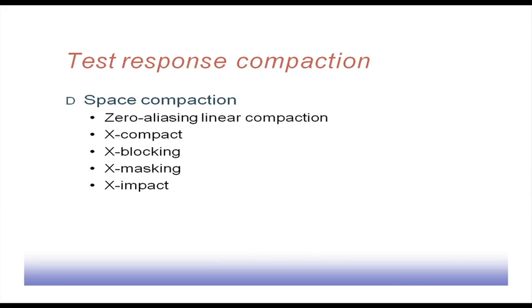Now, space compaction. The first one is zero aliasing linear compaction. We want that due to this compaction, the responses are not mixed up. It means that one faulty response should lead to a faulty signature, and it should not become the same as the correct response.